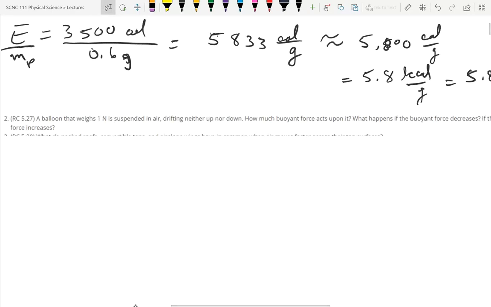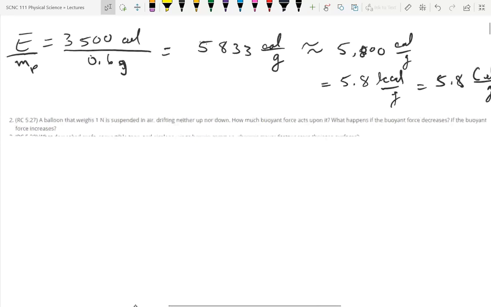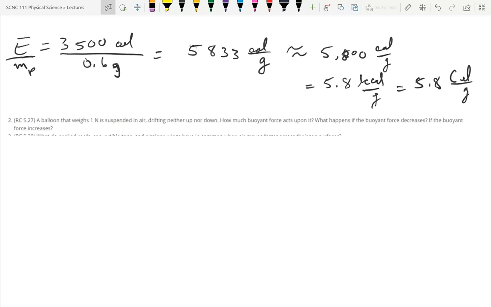Okay, so the one Mariah's looking at: a balloon that weighs 1 Newton is suspended in air, drifting neither up nor down, so it's staying at constant elevation in equilibrium, neutrally buoyant. How much buoyant force acts upon it? Neutrally buoyant, right? If it stays at the same height, what's its acceleration?